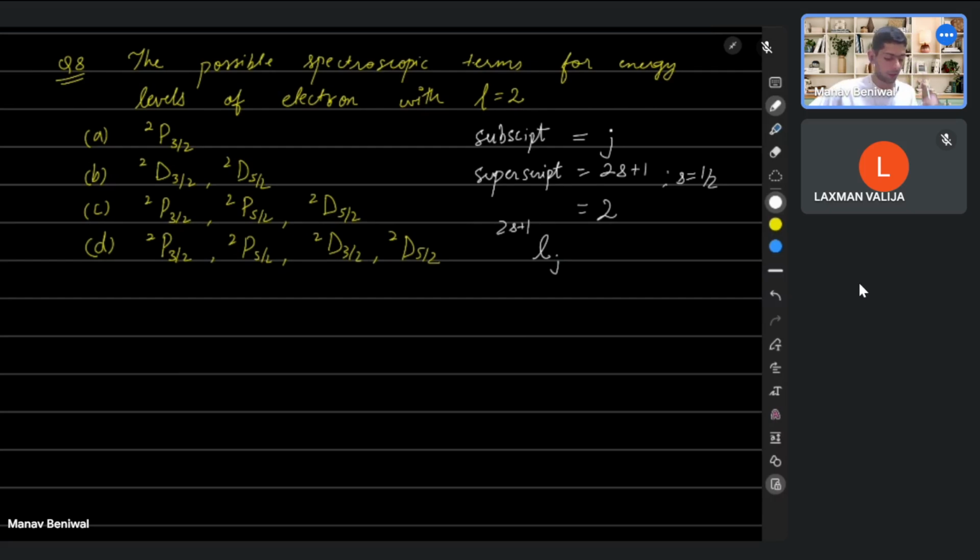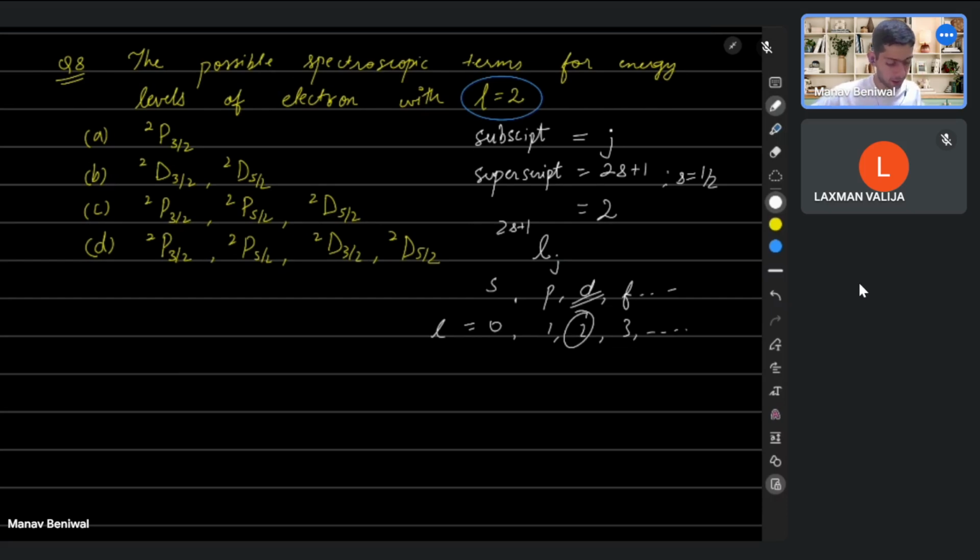Now we are already given L equals 2, right? So what will that mean? We have S, P, D, F, and so on, which corresponds to L equals 0, 1, 2, 3, and so on. So L equals 2 means we have a d orbital.